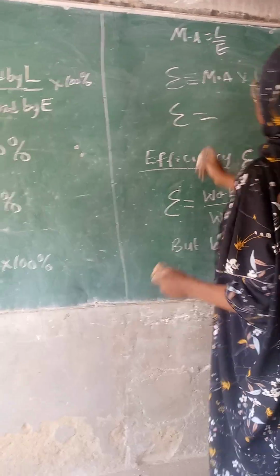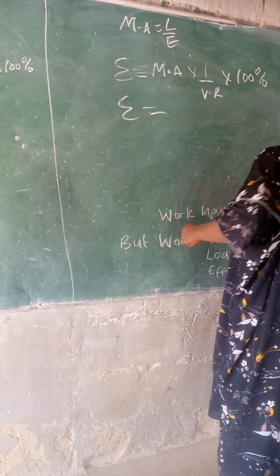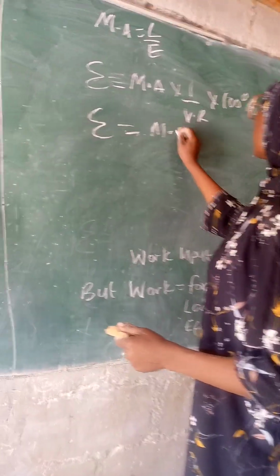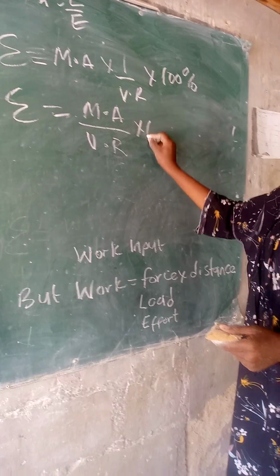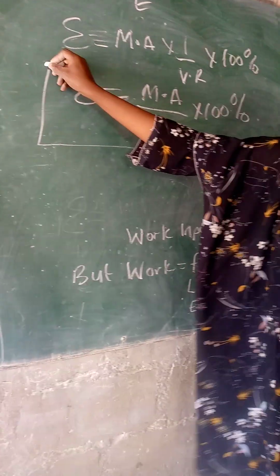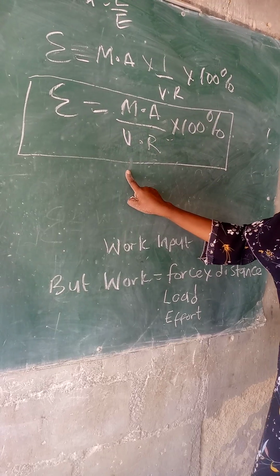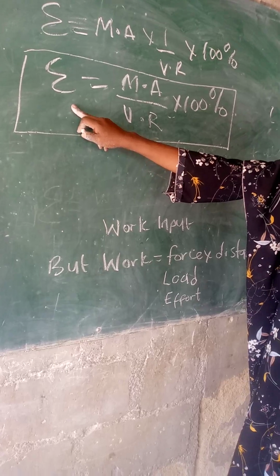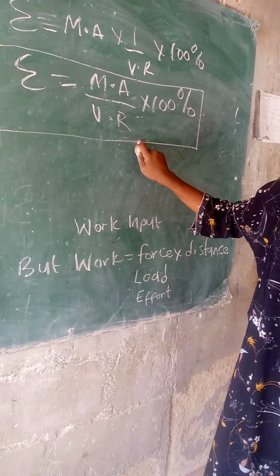If we multiply, we have MA all over VR times 100%. And this is the relationship between efficiency, mechanical advantage, and velocity ratio, where E is efficiency in percentage, MA is mechanical advantage, and VR is velocity ratio.